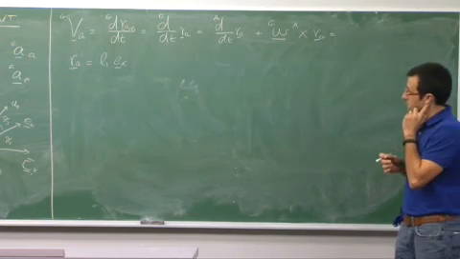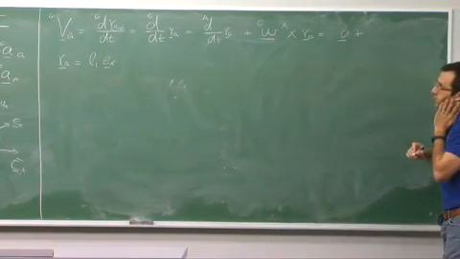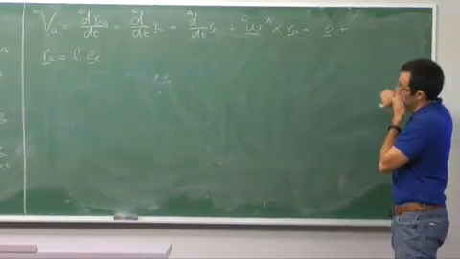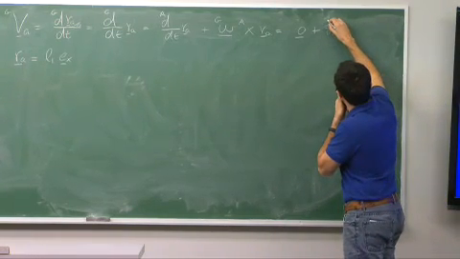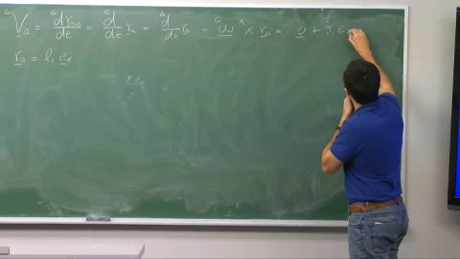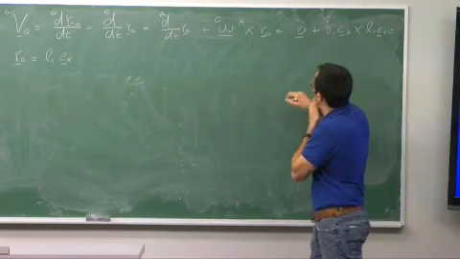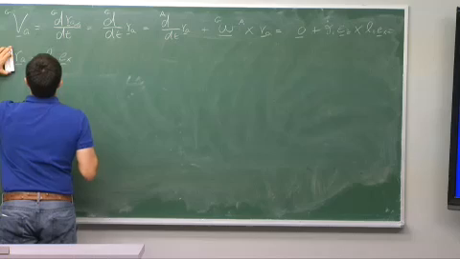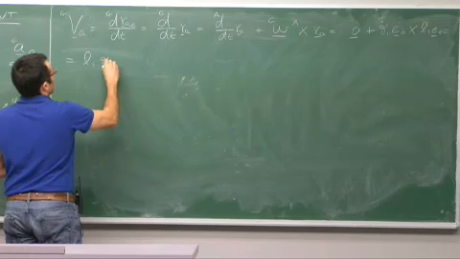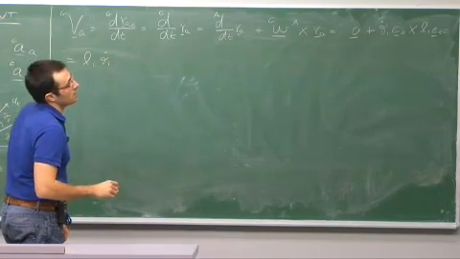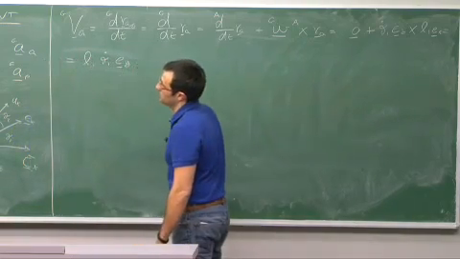So what is the first term? 0. Plus, what is omega AG? Okay, so this gives me L1 theta 1 dot. What is EZ cross with EX? EY. Okay.